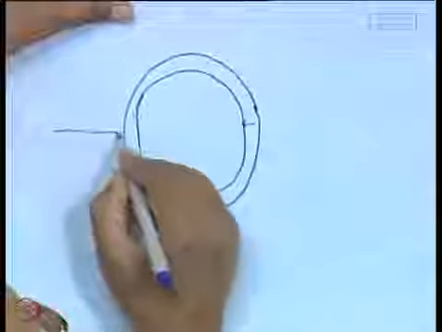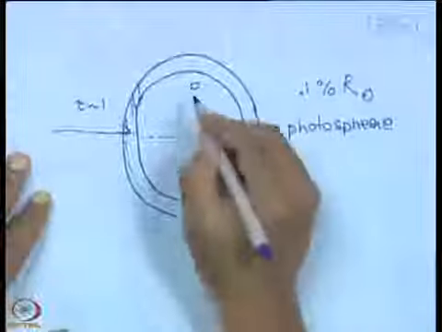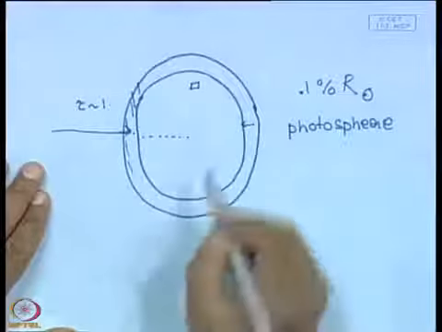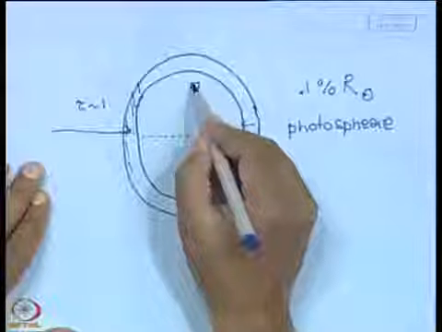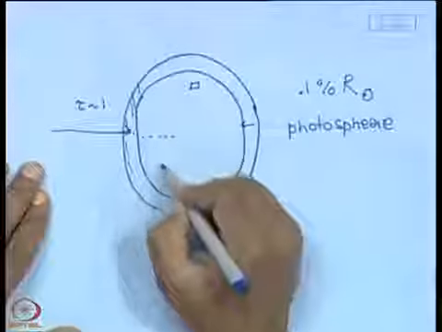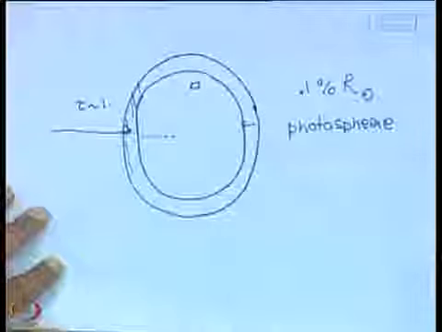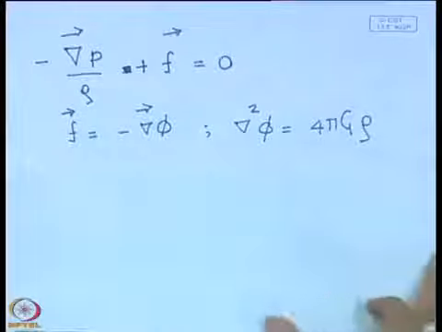So, we are looking from here, and if you consider this element of the fluid, the pressure gradient across this balances the gravitational attraction of all the material inside this sphere, which is what is there in this equation. It is a self-gravitating system.